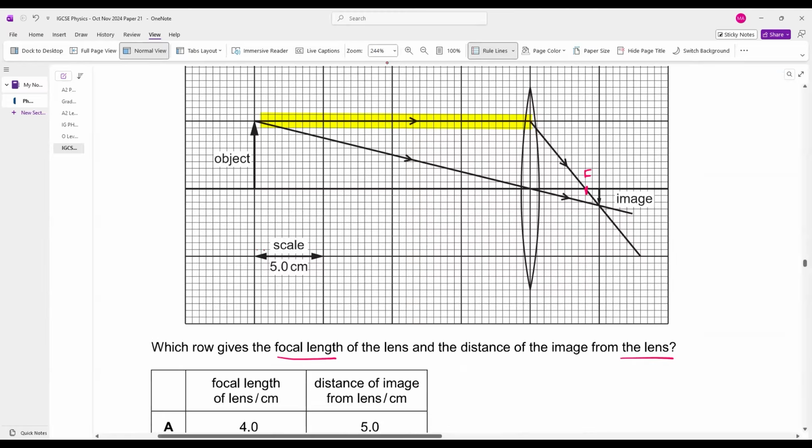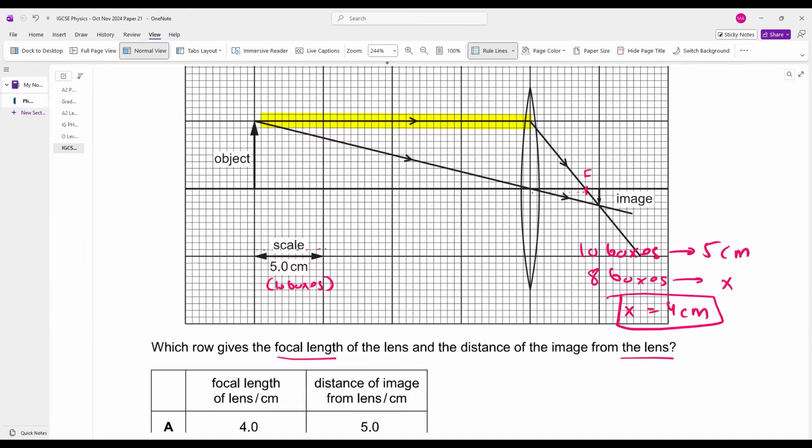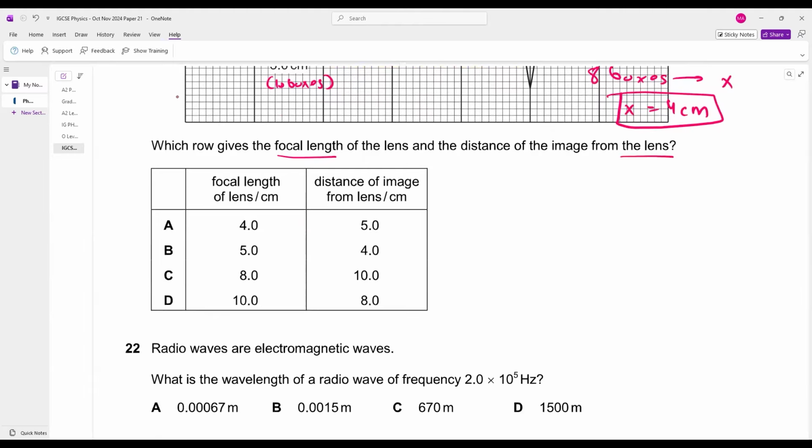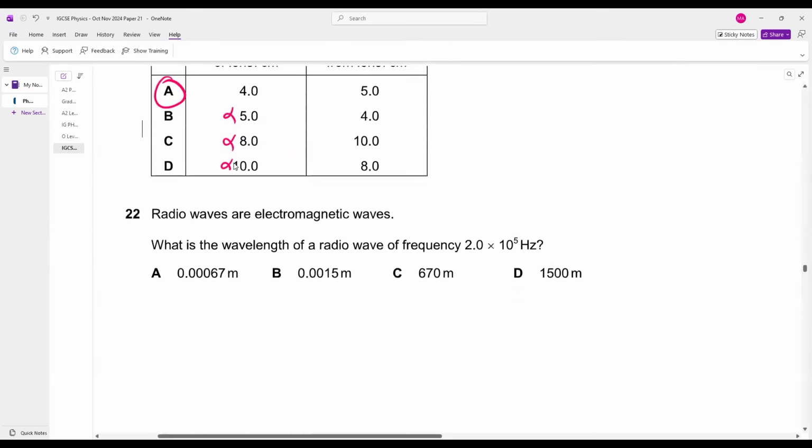We know that 10 boxes on the x axis represent 5 centimeter. 10 बॉक्सेस 5 सेंटीमीटर को रिप्रेजेंट करेंगे बेटा. तो ये कितने बॉक्सेस हैं? 1 2 3 4 5 6 7 8, these are 8 boxes. 8 बॉक्सेस कितने सेंटीमीटर को रिप्रेजेंट करेंगे? x comes out to be 4 centimeter. That is your focal length, आपकी 4 सेंटीमीटर होगी. There is only one option like that, A is your answer.